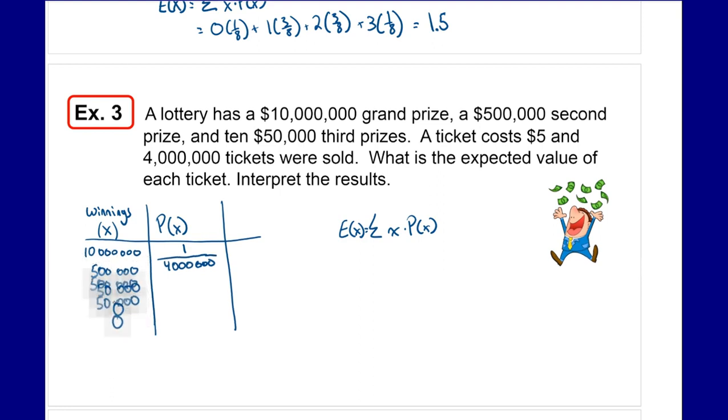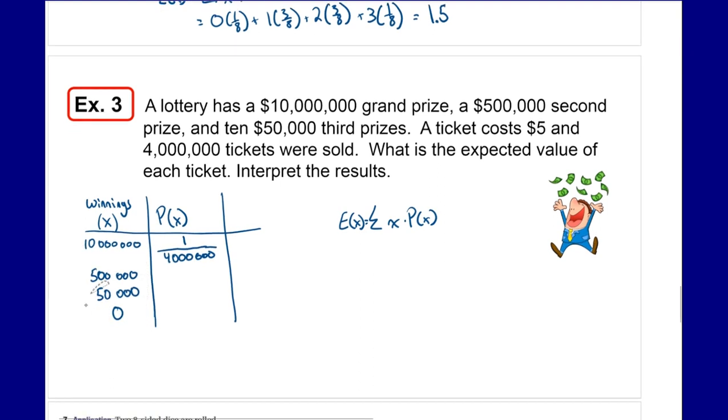Because again, there's 4 million tickets, only one of them is going to win the grand prize. Second prize, again, there's only one of them out of the 4 million. So 1 out of 4 million.